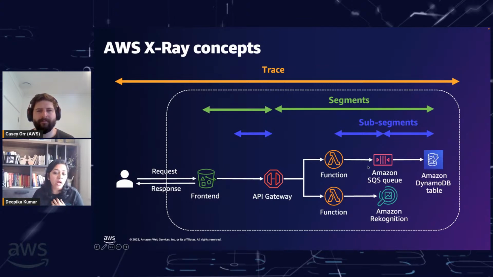Let's say your Lambda is writing an item to DynamoDB, getting an item from DynamoDB, or putting a message in the SQS queue. You can instrument it so that you gather information from that specific code, how long that request takes, and present it back to the user.